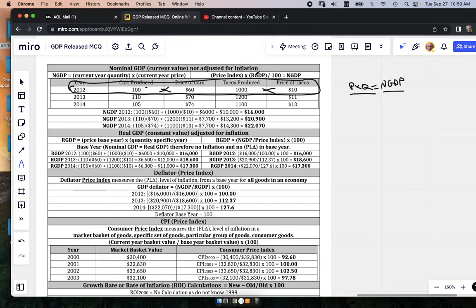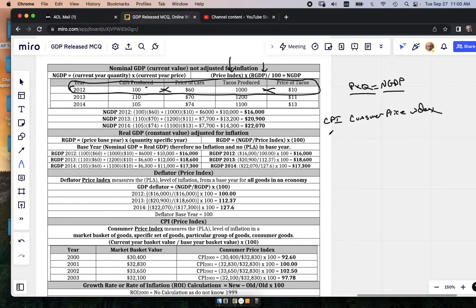Every so often, they're going to give you the real GDP, and they might give you a price index, so let's talk about that for a second too. The CPI is all of the consumer goods added up, measured for inflation. Did the price of consumer goods go up overall, down, by what rate, etc.? It is called the consumer price index.